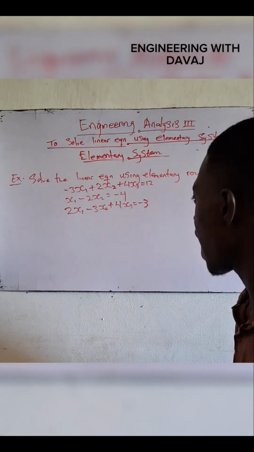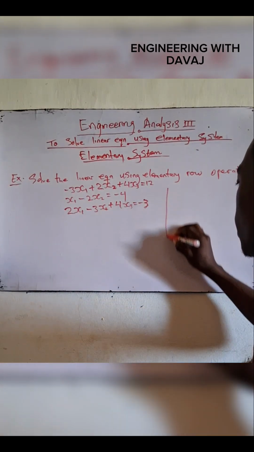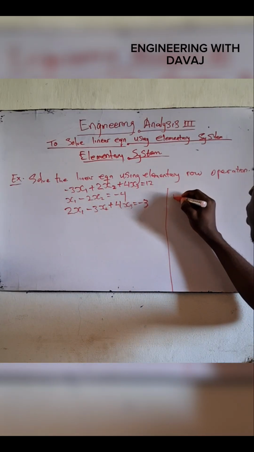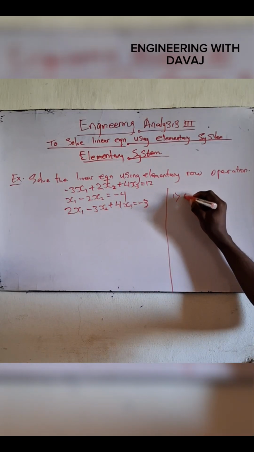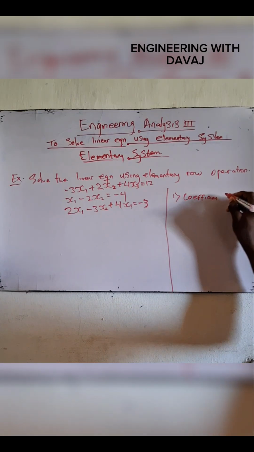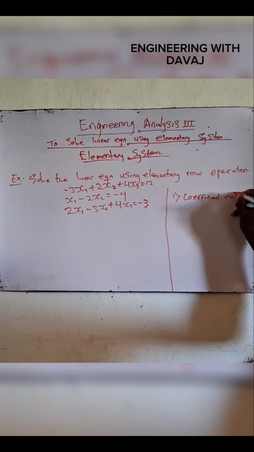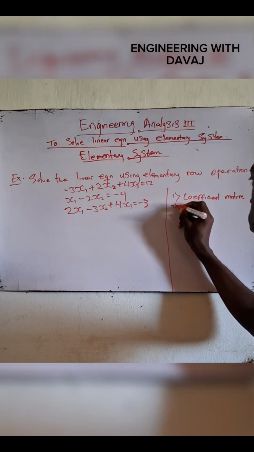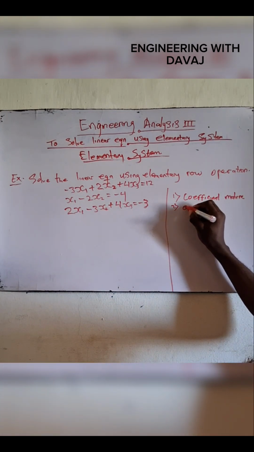As you've said, the first step to solve an elementary system is to write out your coefficient matrix. The second step is to write out the output vector matrix.